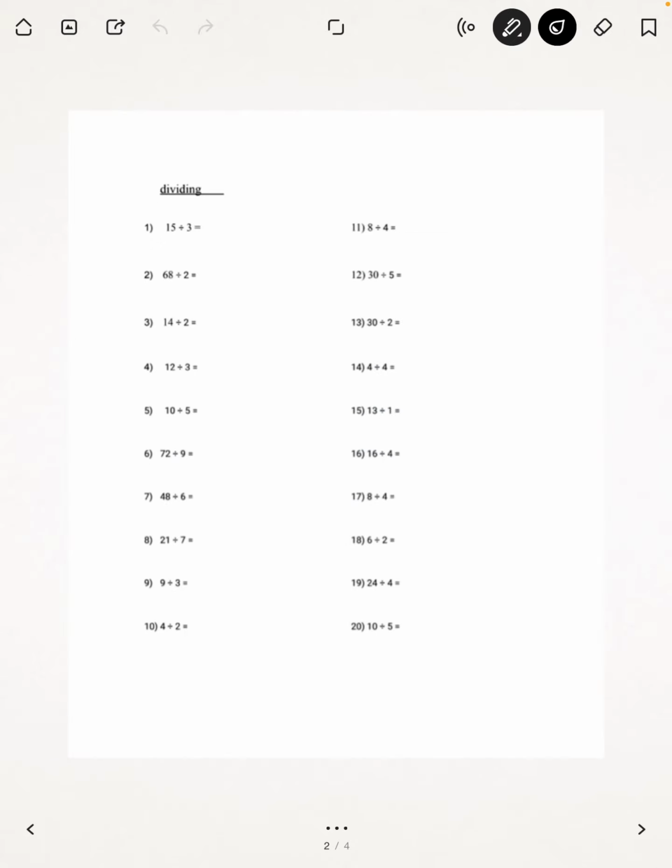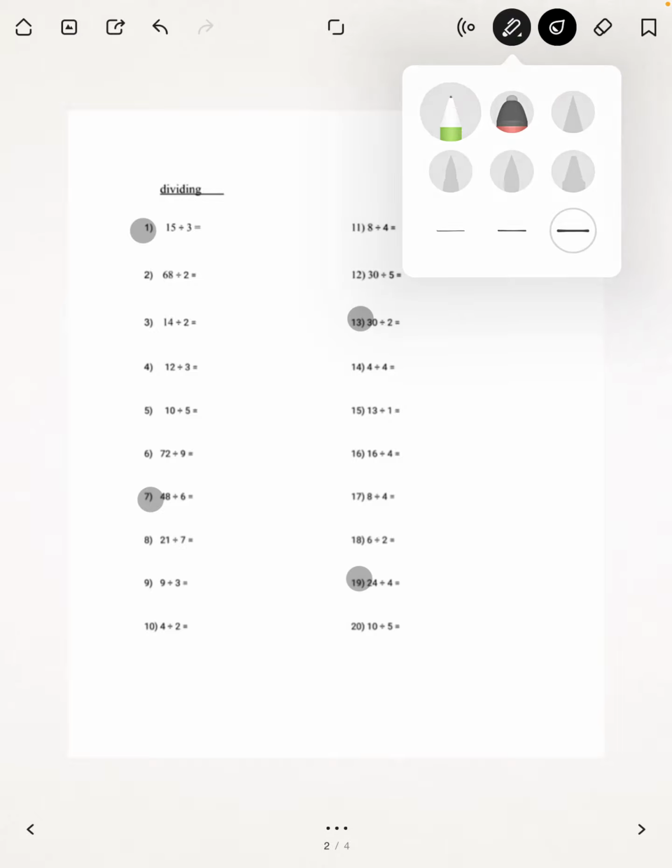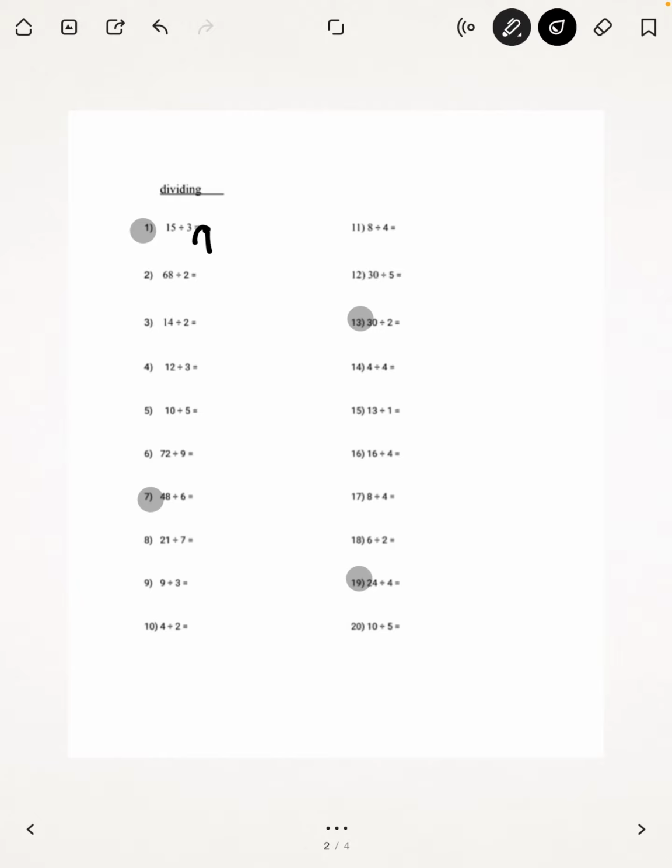Division. Okay, it says dividing 15 divided by 3. When you divide, it's always going to be the second number in the front. You're trying to see how many times 3 could go into 15.